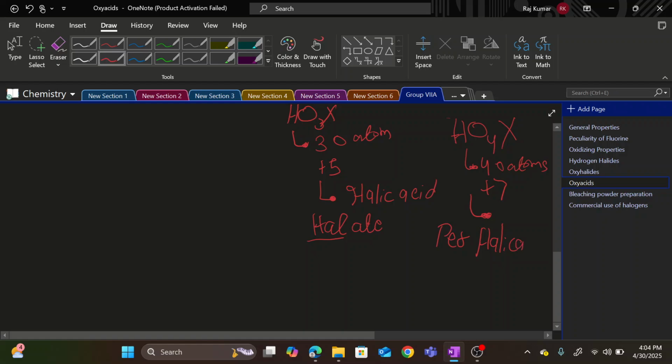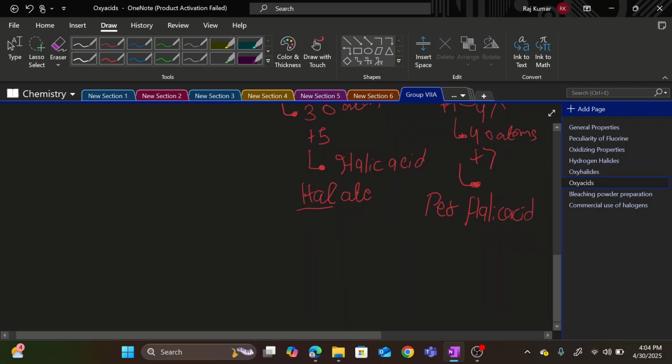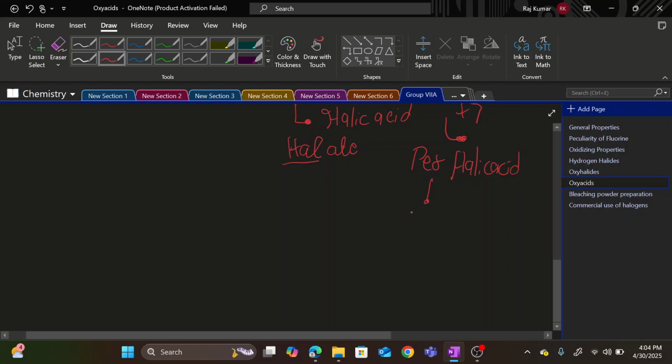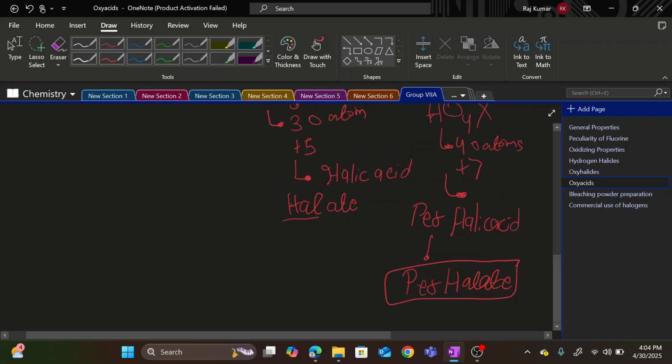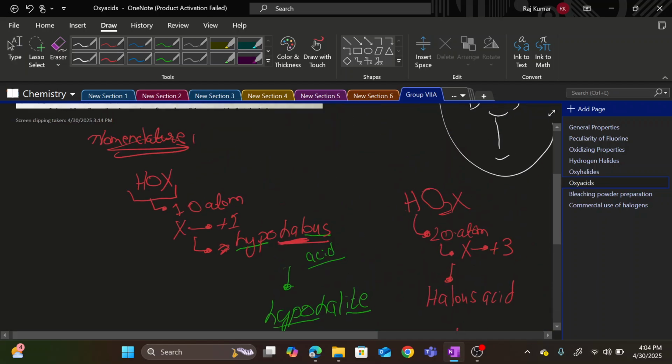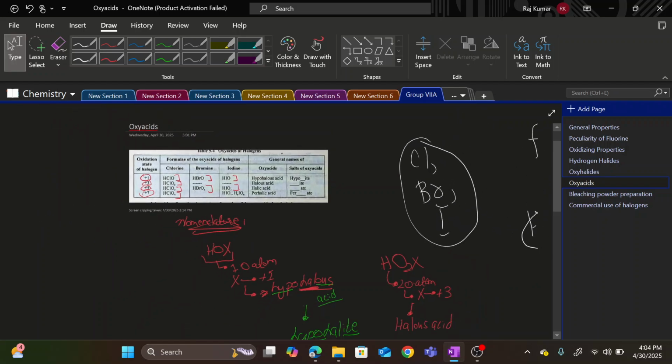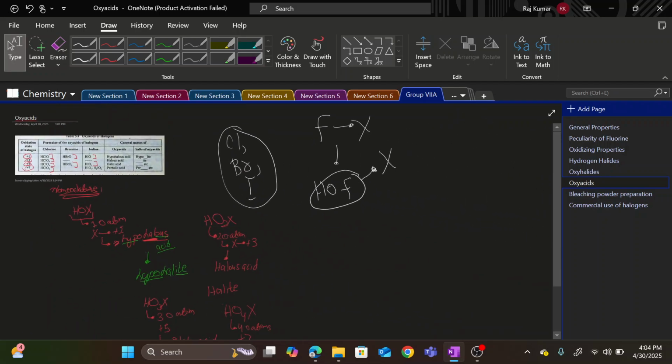That perhalic acid will form a salt which is perhalate. So this is all about the nomenclature of oxy acids.